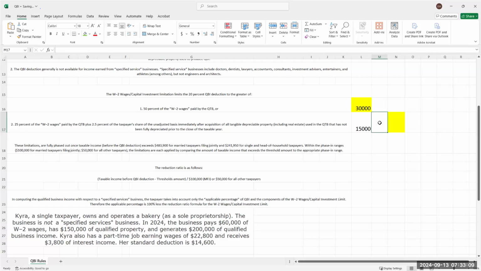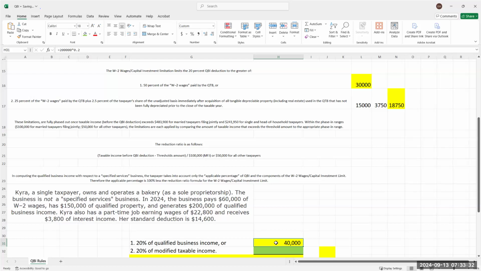Plus 2.5% of the unadjusted basis, and it lets us know that they have qualified property of 150,000. So 150,000 multiplied by 2.5%, which is 3,750. So we add the two, 15,000 plus 3,750, which is 18,750.